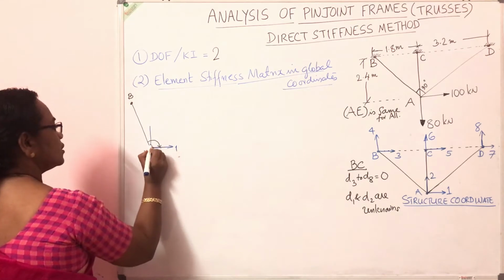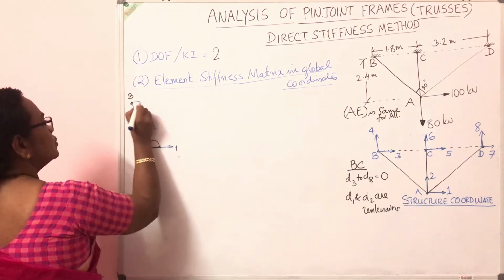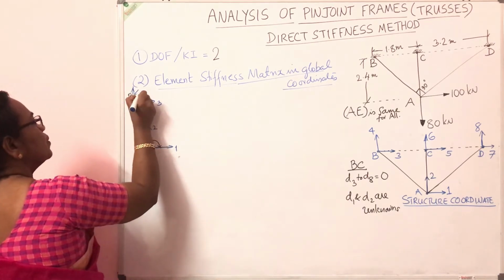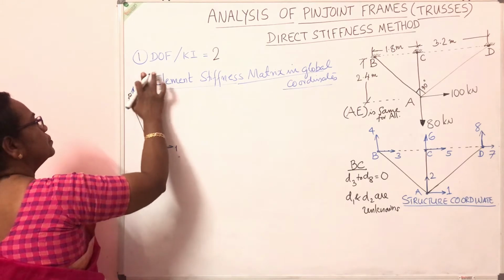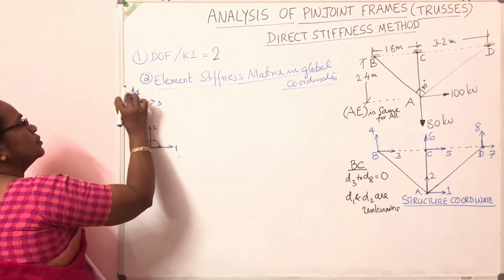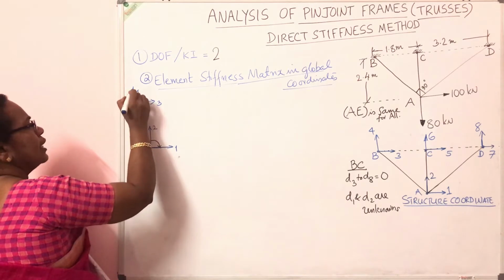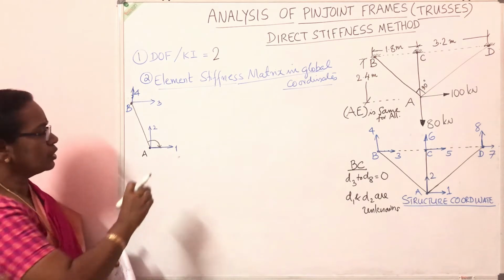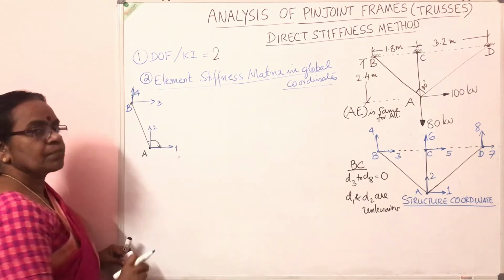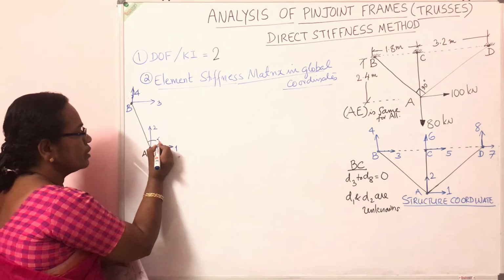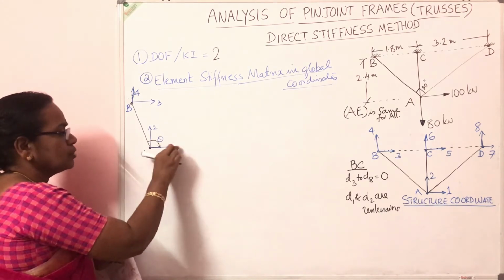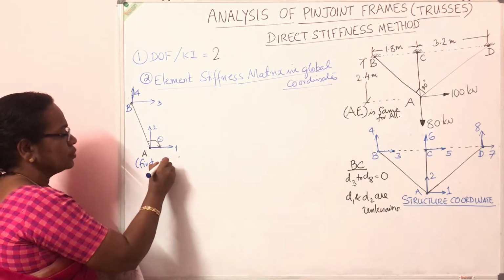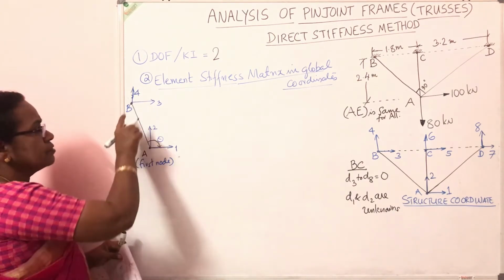This is the coordinate direction 2. The second node has 3 and 4. So for the element AB, the nodes A and B are its two nodes, and the coordinates are 1, 2, 3, 4. The angle theta you have to always measure from the element to the horizontal direction at the first node. So I am taking A as its first node. This is the second node.